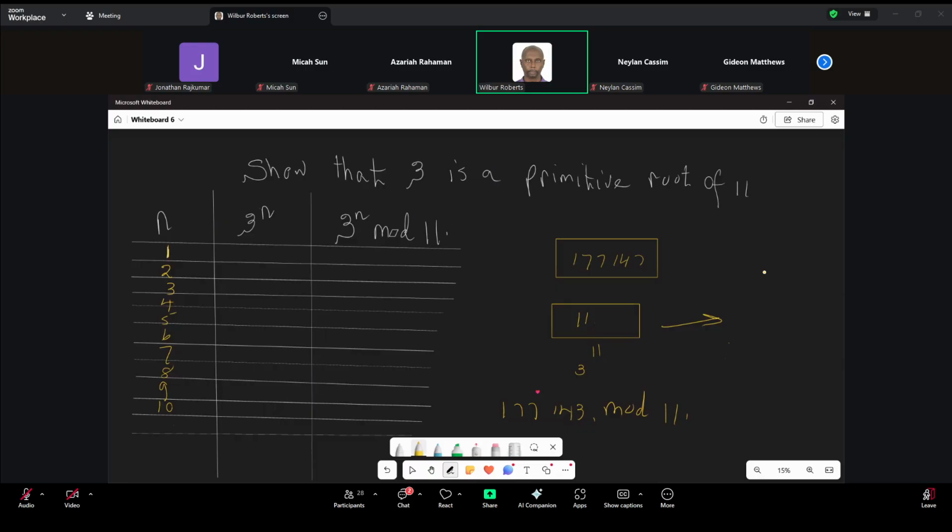Okay, so in the 3 to the n column, what did we get? For 1, 3.